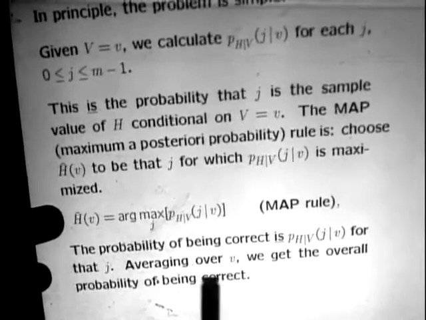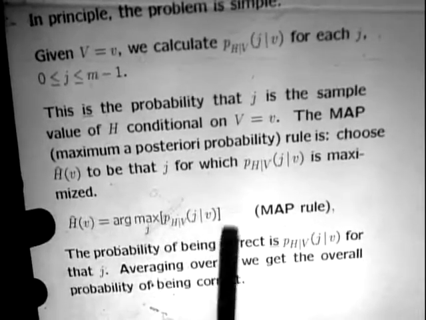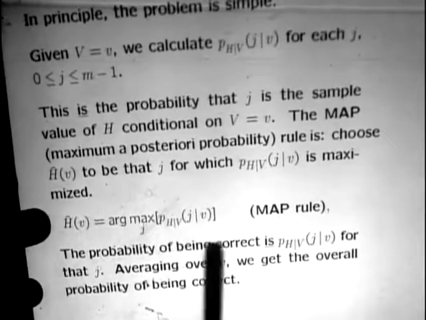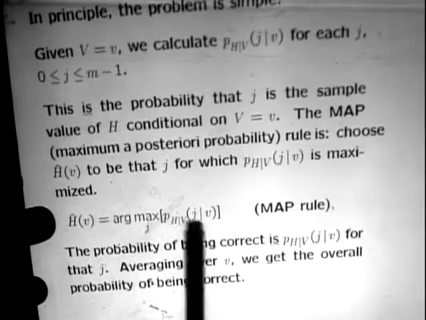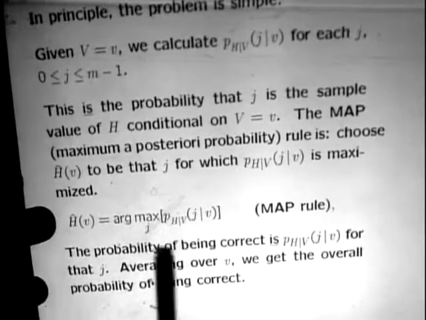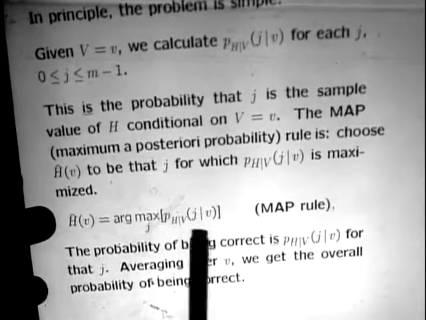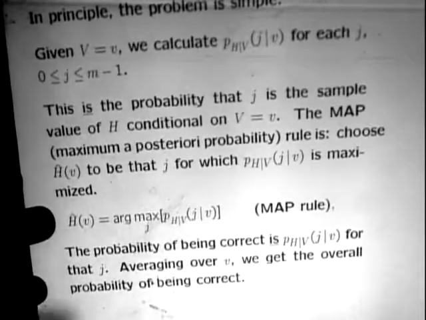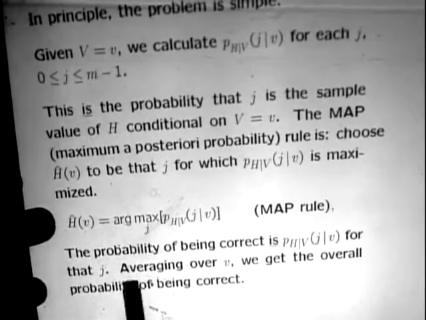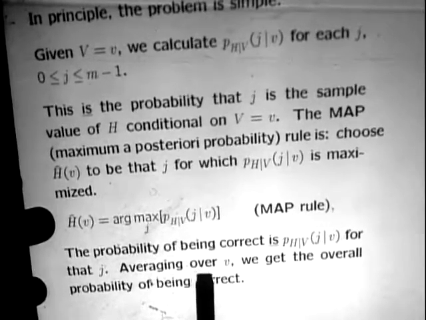And argmax means instead of trying to maximize this quantity over something, what we're doing is trying to find the value of J which maximizes this. In other words, we calculate this for each value of J, and then we pick the J for which this quantity is largest.